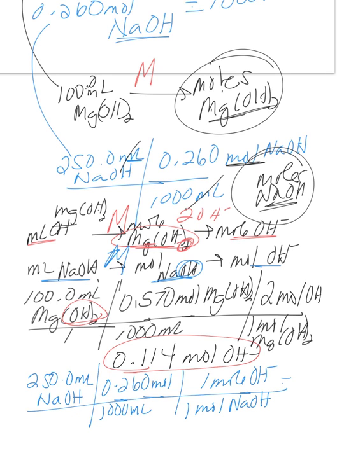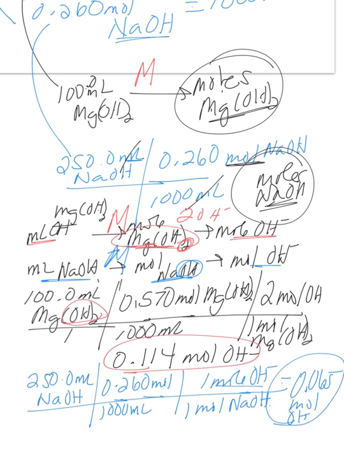And the reason why is that the subscript is actually a 1. So 250 times 0.260 divided by 1,000 is 0.065 mole of OH minus.